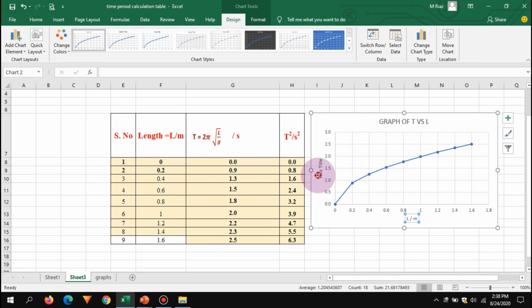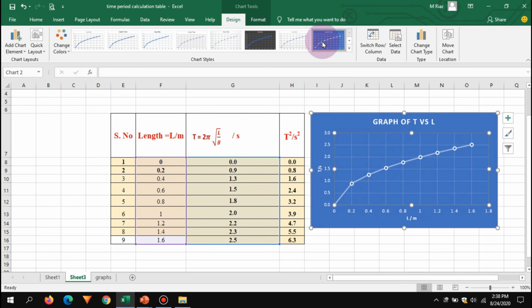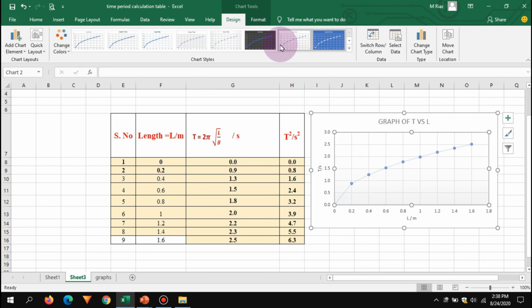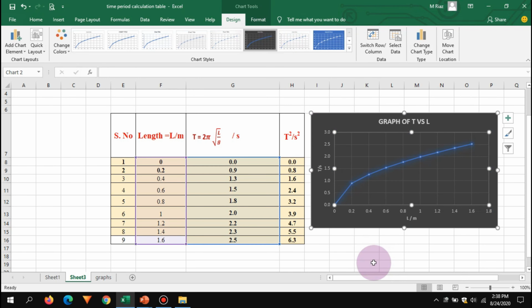And here we know that this is time period. So select this, delete it. This is T, and this time is in seconds. So this is all about the graph. You can color it black or blue or whatever is your choice. So this is the graph of time period versus length.